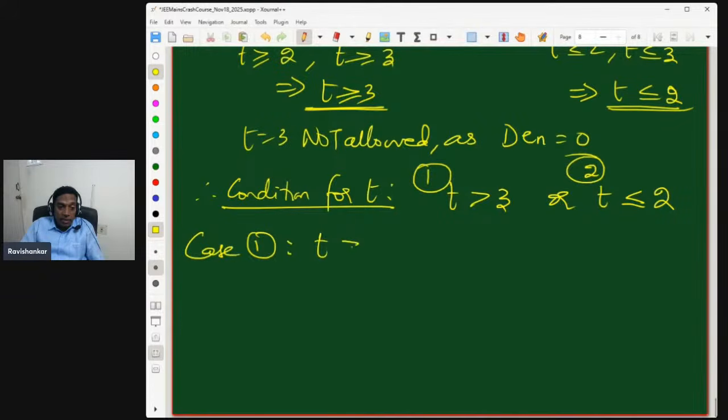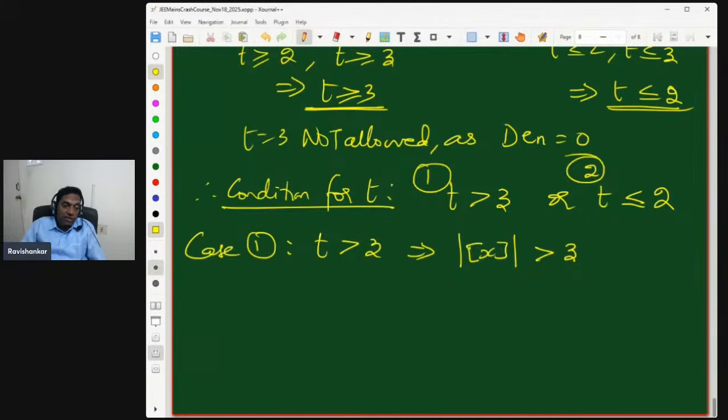Okay, t greater than 3, which means, what is t? T is nothing but mod of greatest integer x, which is greater than 3. Then what is the condition on x? See, mod something is greater than 3. What does it mean?